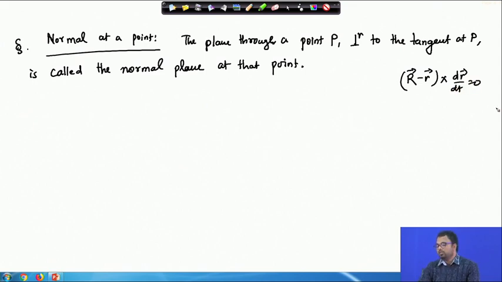This means that these two vectors are parallel, so dr/dt and R − r are parallel to one another, and therefore their cross product is 0. If I write the dot product of R − r with dr/dt equals 0, then R − r is perpendicular to dr/dt, and that will help us obtain the equation of the normal plane.